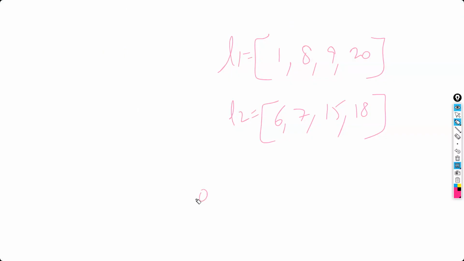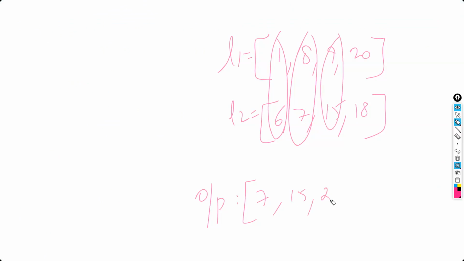My required output is that these two have to be added and output should be 7. These two have to be added and the required output is 15. These two have to be added, 24, and these two have to be added, output should be 38. My required output should be like this. Write the program for this.